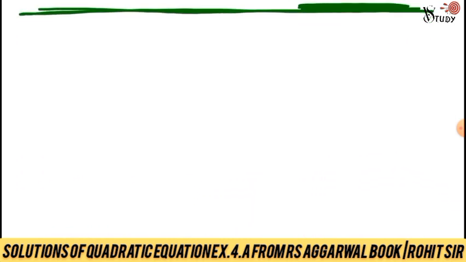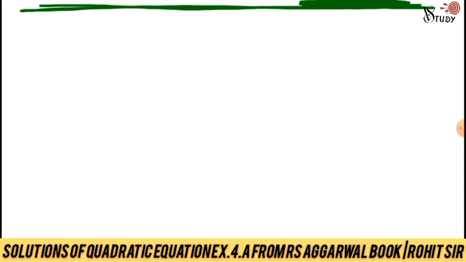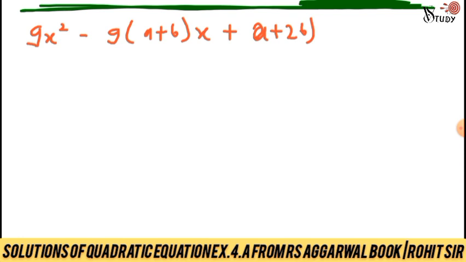So now, our given quadratic equation, let's copy one more time, is 9x square negative 9 into a plus b into x plus a plus 2b into 2a plus b is equal to 0.